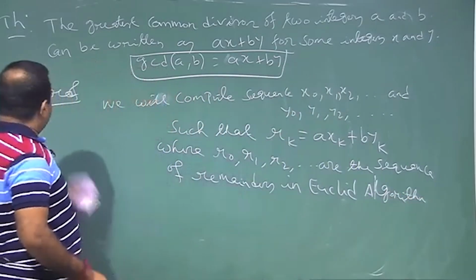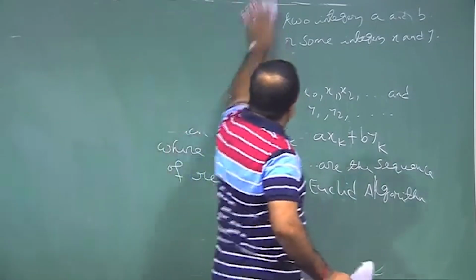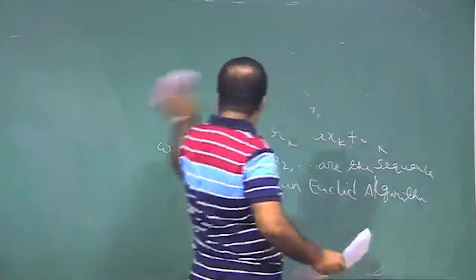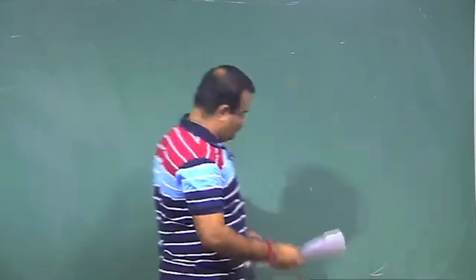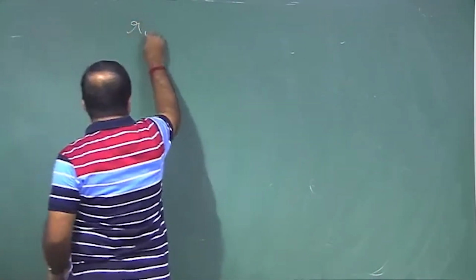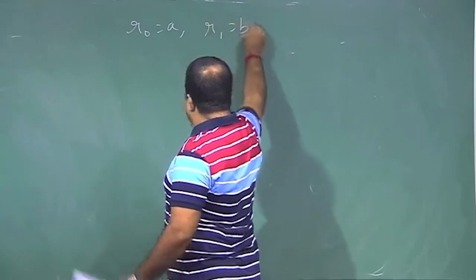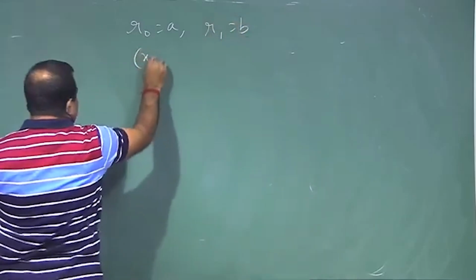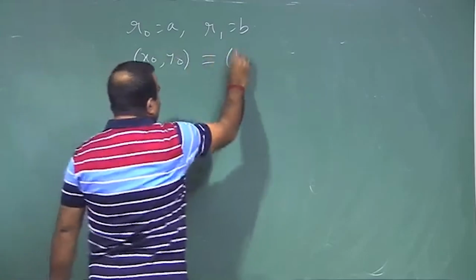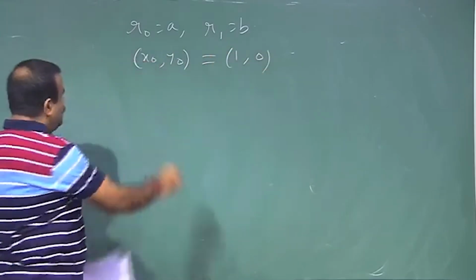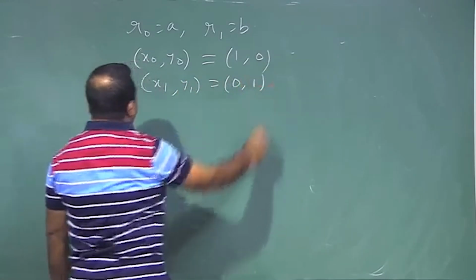Okay. In the Euclid algorithm we start with A and B. So, R0 is equal to A and R1 is equal to B. This is the initial case, and x0, y0 is basically 1, 0, and x1, y1 is basically 0, 1.